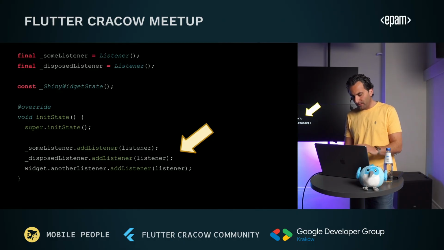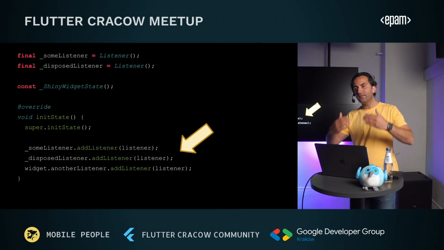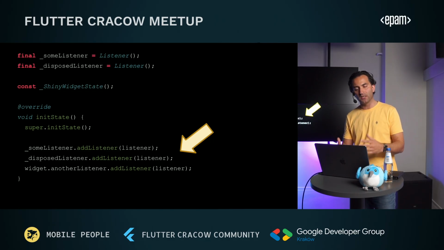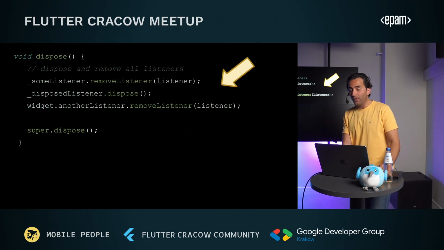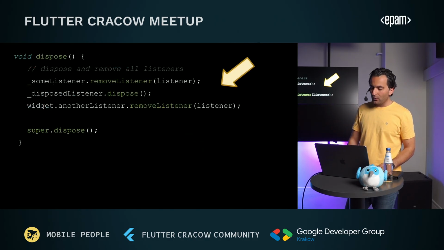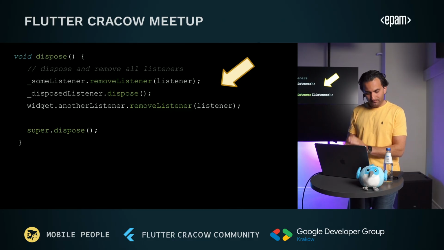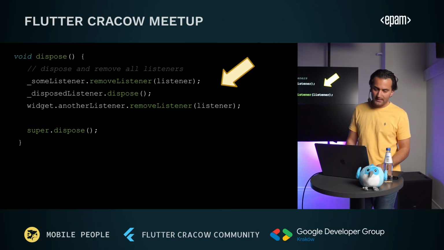We talked about disposing, so I'm not going to repeat that, but when you are adding your listener in the life cycle of widgets, like initializing and the other life cycles, first make sure you remove your listeners in dispose.